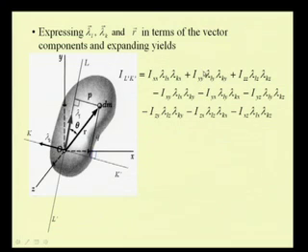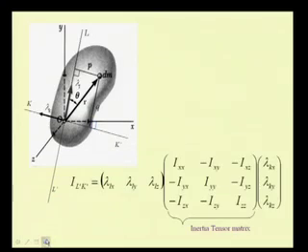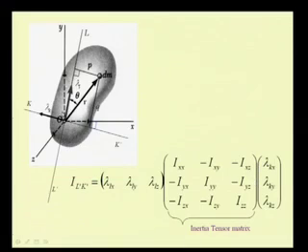So, this can again be rewritten as lambda L x, lambda L y, lambda L z, which are the direction cosines of this unit vector along this L L prime axis, times the inertia tensor for the x, y, z axis, times the transpose of the direction cosine vector of the k, k prime axis, that is lambda k x, lambda k y, lambda k z.